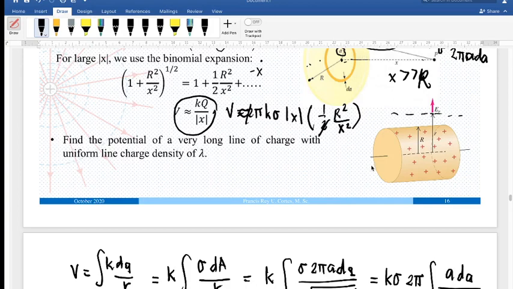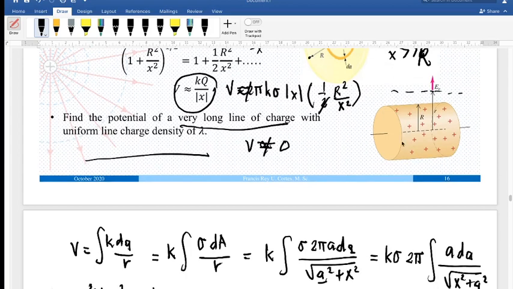Now at this point I have to tell you that not all of the reference point at infinity is convenient here, because since our line of charge extends to infinity, this cannot be true. If you extend the line of charge to infinity, the potential at infinity is not equal to 0 anymore, which is not correct.